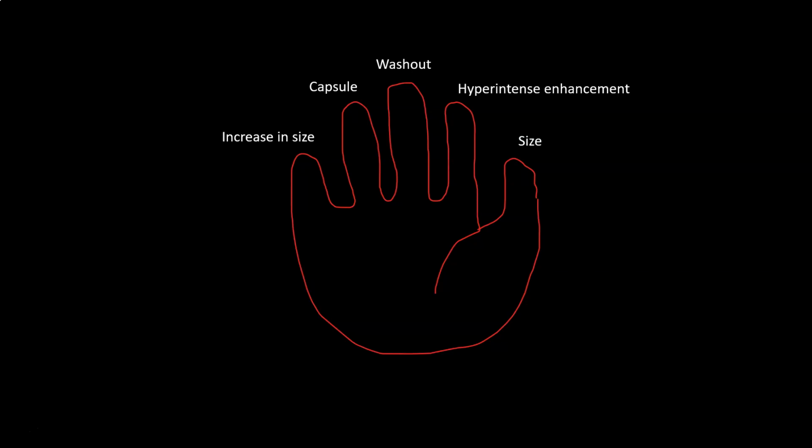The third finger is washout, as we have seen in the previous case. The next criterion is the capsule, as we have also seen in the previous case, and the last is the increase in size if we happen to have more than one examination of the same patient and we notice an increase in size of the lesion.